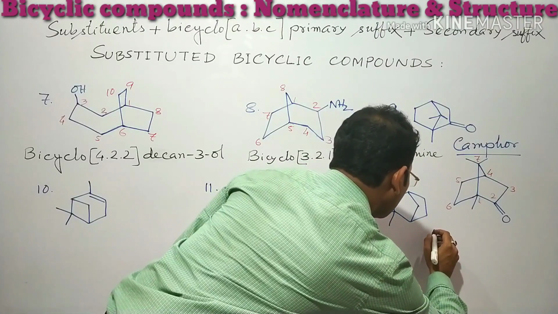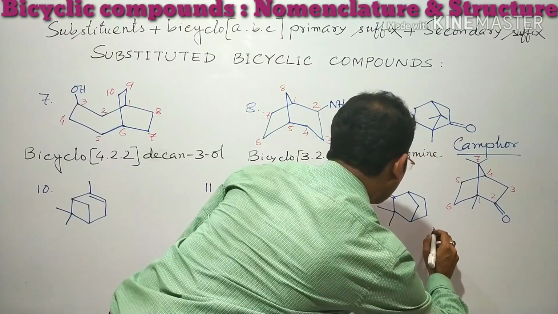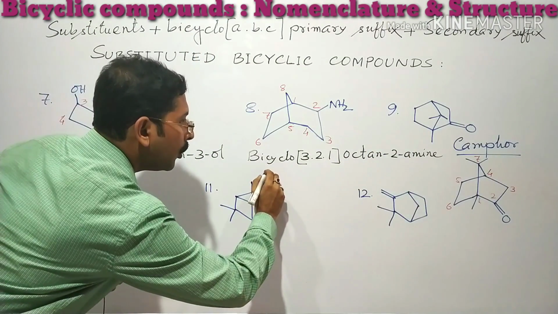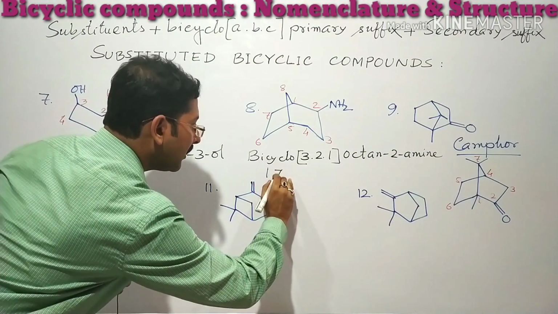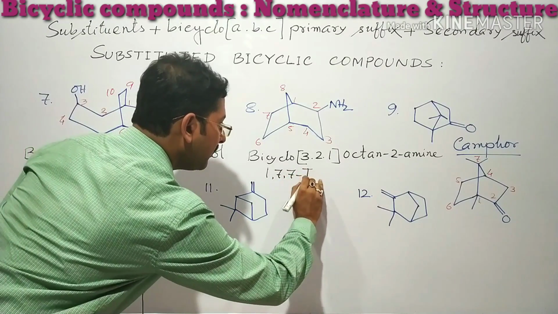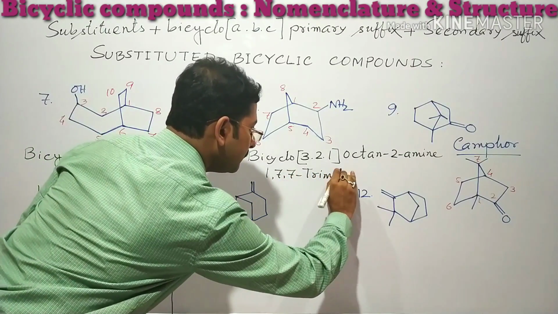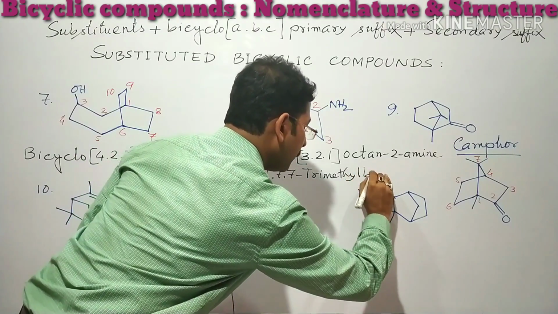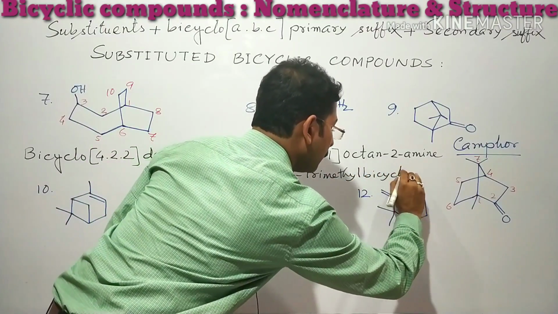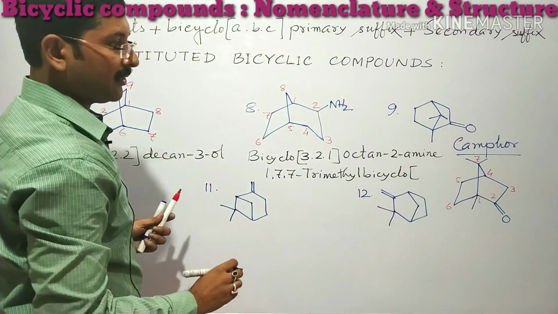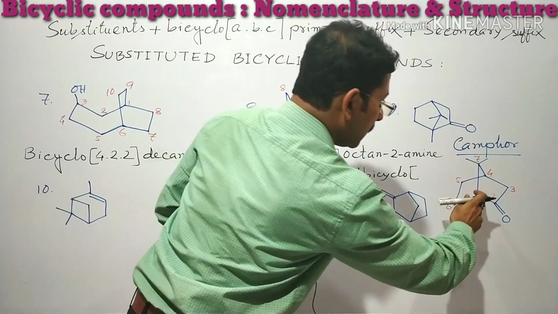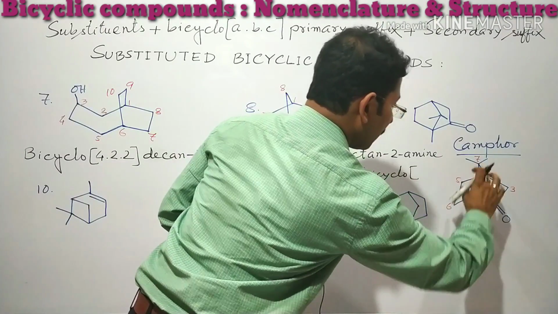So it is 1, 7, 7 trimethyl bicyclo. This is bicyclo. 2 carbons are there, 2 carbons and 1 carbon they are there.